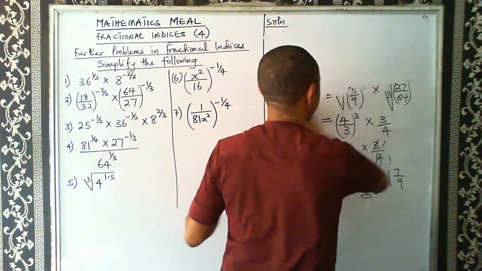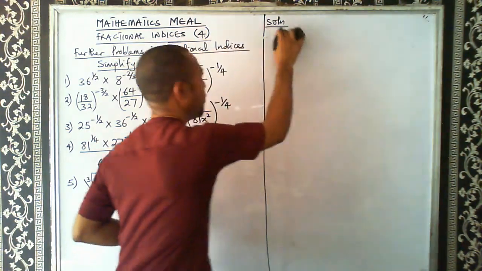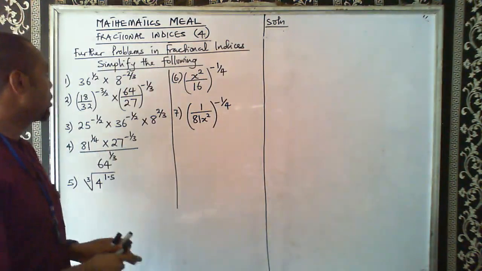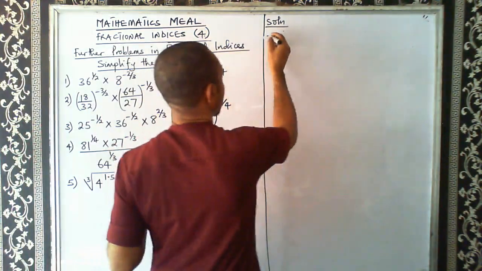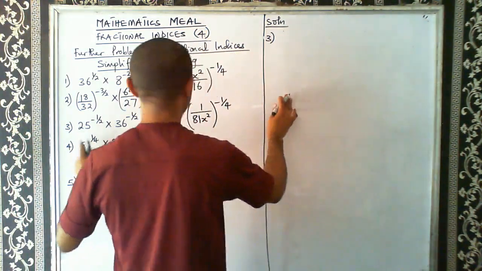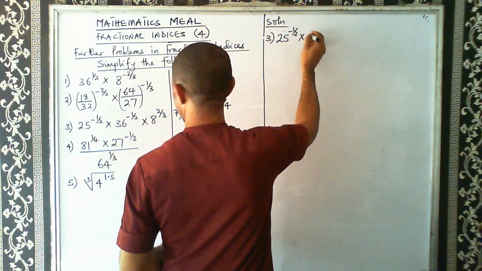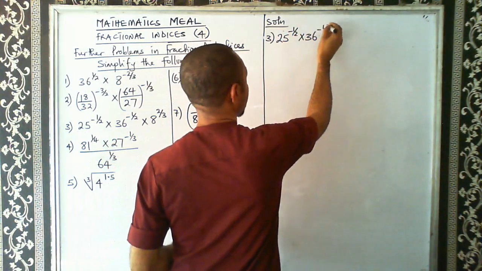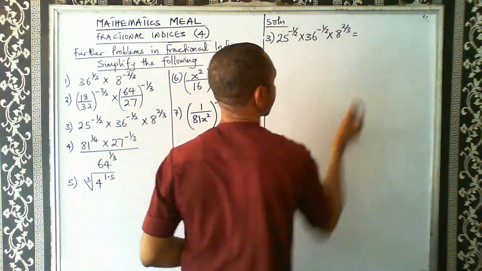Question 3. Remember, I said from the beginning that we have to be patient. Yes, we have to be patient. So, question number 3. We have 25 to power minus 1 over 2 times 36 to power minus 1 over 2 times 8 to power 2 over 3.